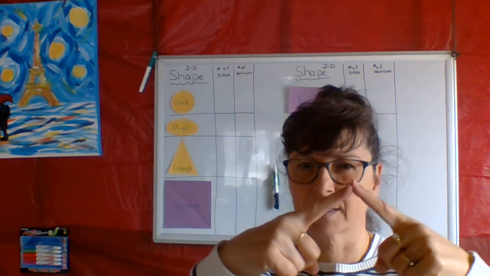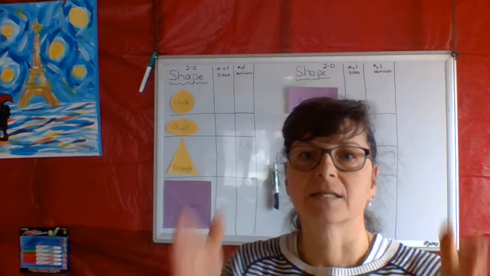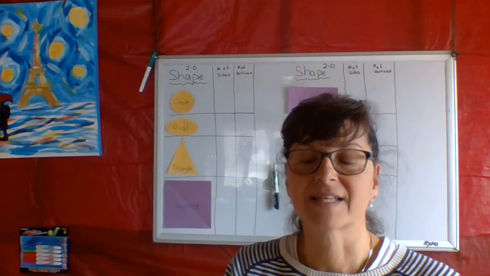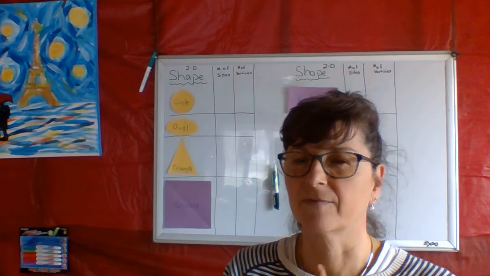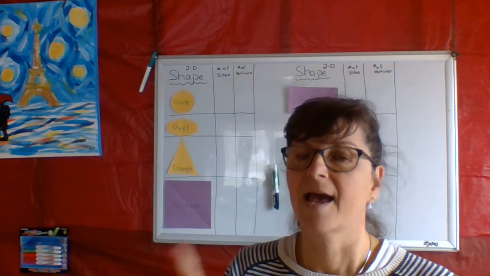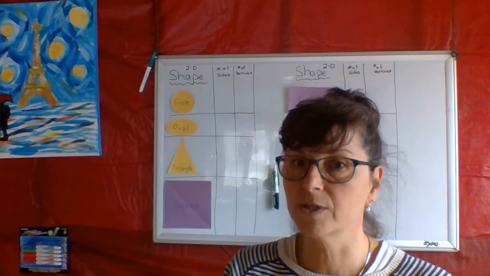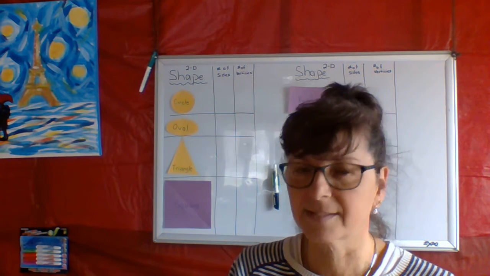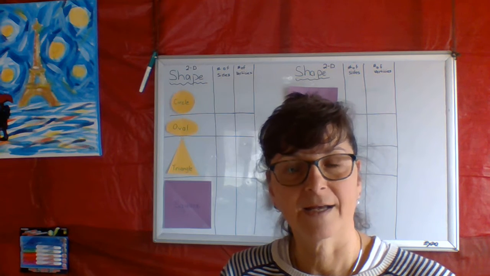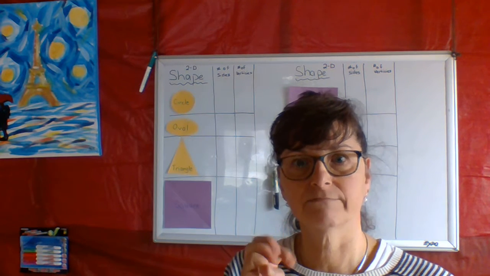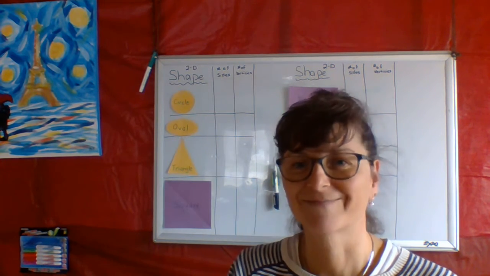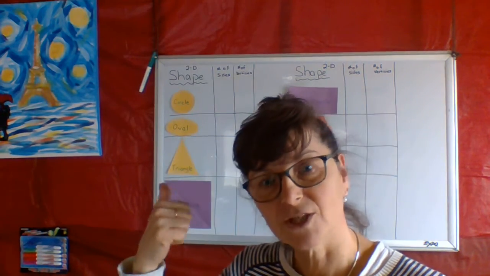So the points and the flat spaces, so the sides. So we're going to count the vertices and the sides and label and name our 2D shapes, because we're going to start doing an activity about 3D shapes. Okay, let's get started on the 2D shapes first.